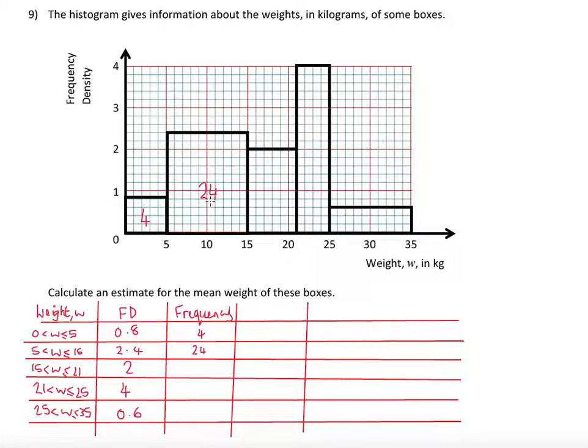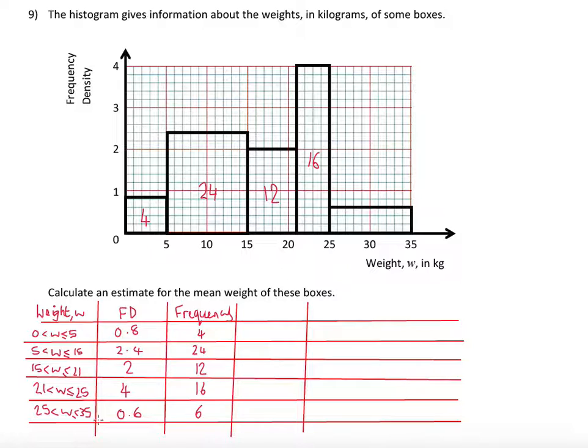So we should notice that this is 6 times as big as that. 2 times 6, where 6 is the class width, gives us a frequency of 12. We've got 4 times 4 here, so that's a frequency of 16. And in the last one we've got 0.6 times 10, which gives us a frequency of 6.